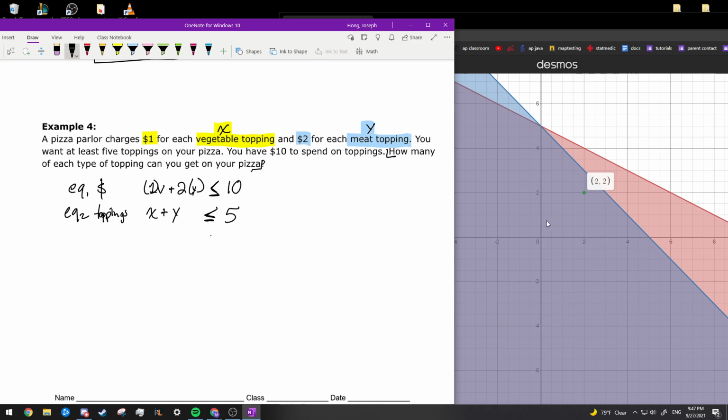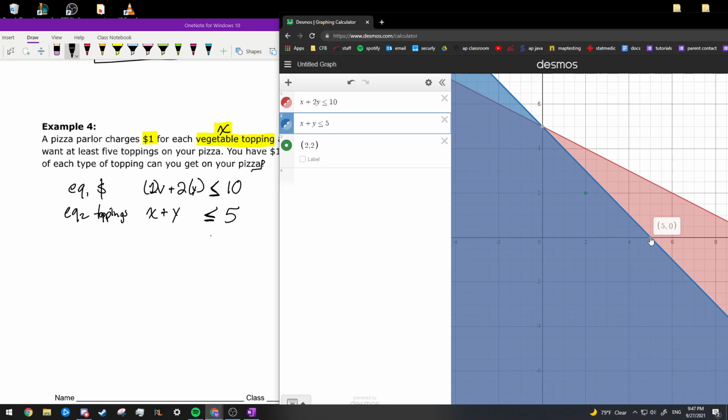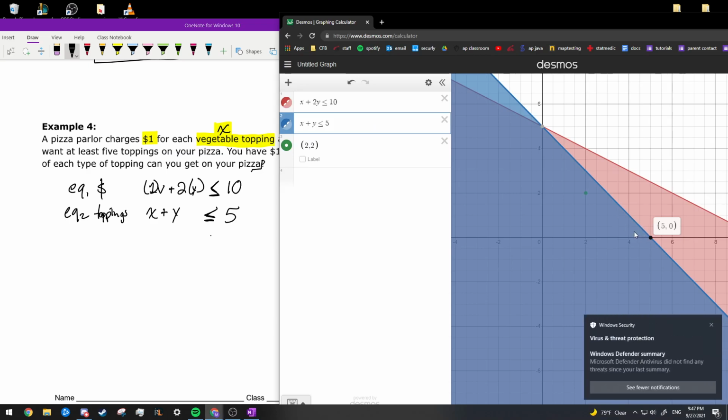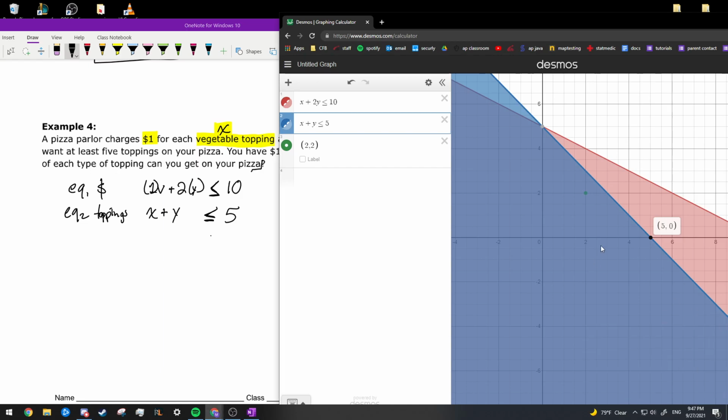Well, I can do any number. For example, I can do 5 and 0. Okay, this is a good thing, I did not have a virus on my personal computer. I can do 5, 0. I can do anything within this line right here.